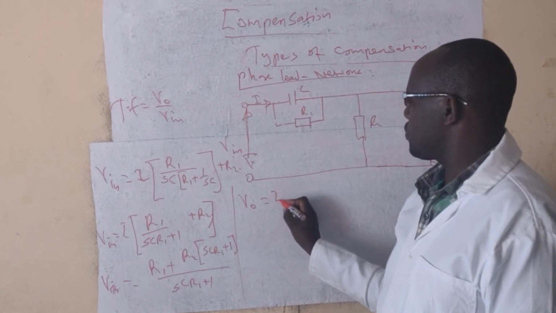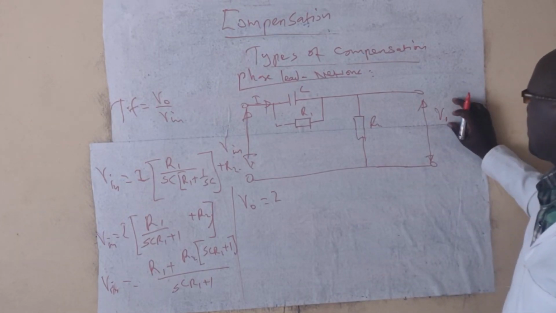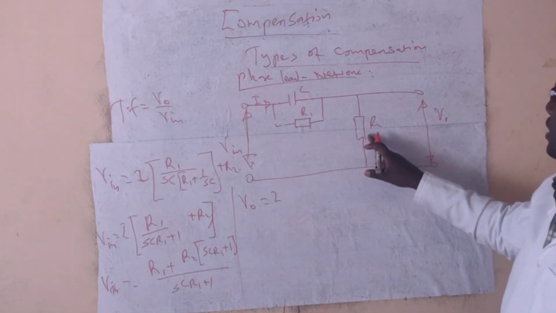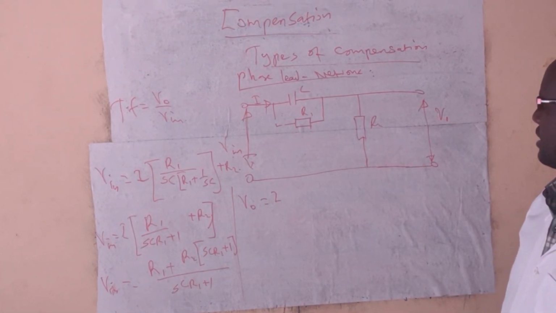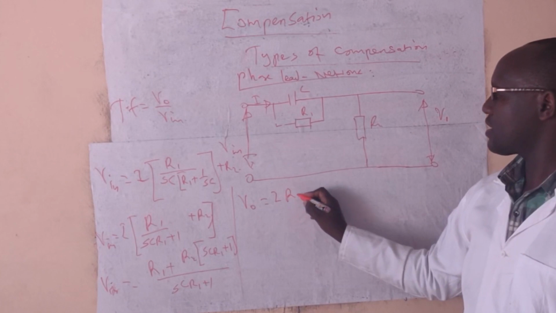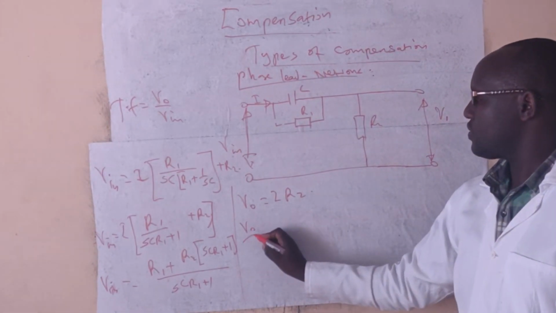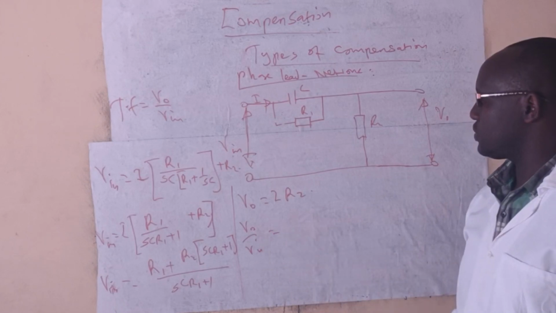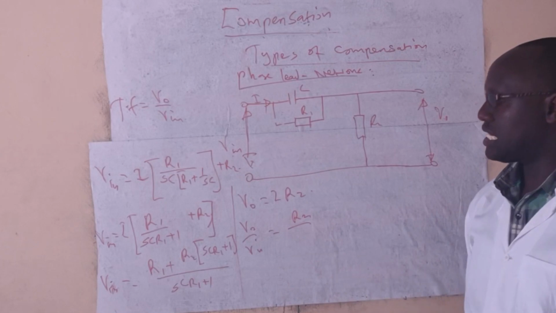Then you come to V out. V out is equal to the current into the voltage across the resistor connected in parallel. So it is going to be R2. So V out all over V in is going to be equal to R2, I and I will cancel.